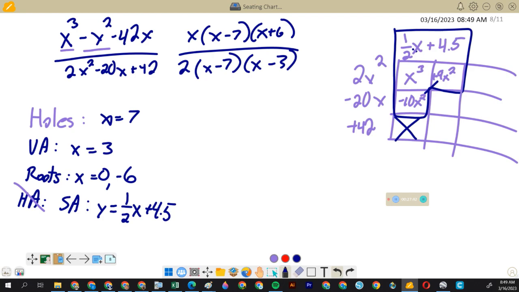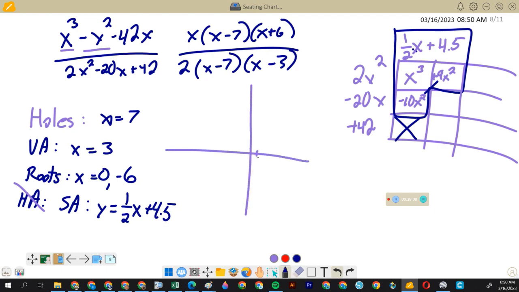But slanted asymptotes actually only occur when the top has one more x than the bottom. What if the top had 2 more x's than the bottom? Then you'd have a quadratic asymptote. So you'd have a dotted line that is in the shape of a parabola, but you're not going to see any of those. Okay, now it's time to graph.